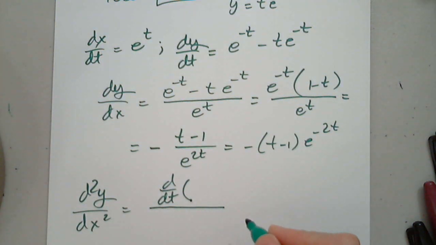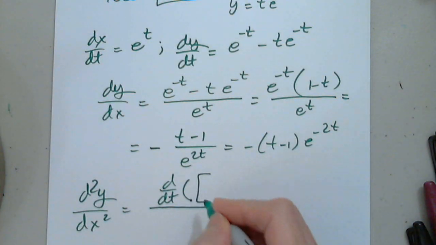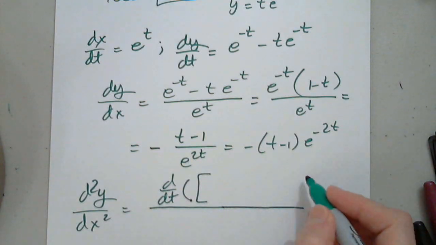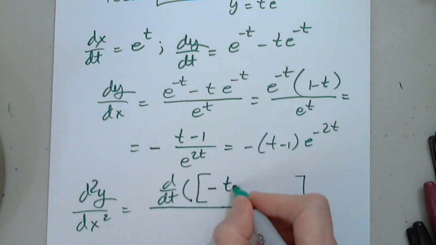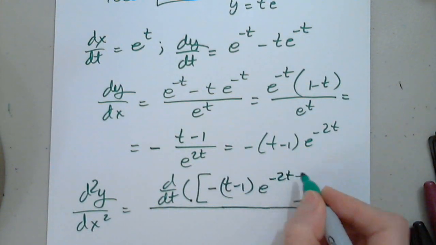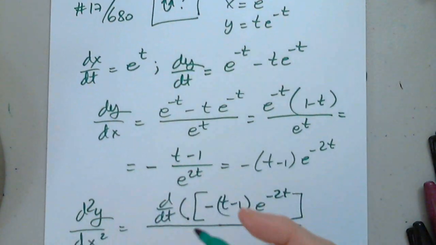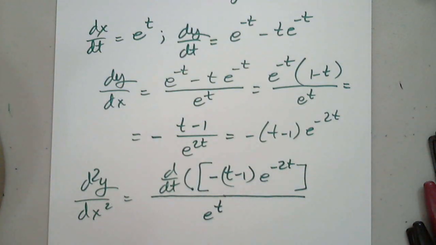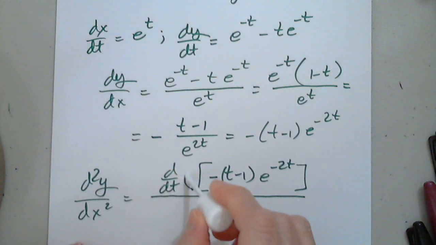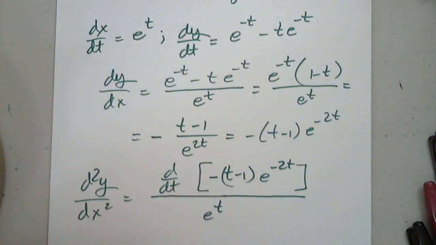So, well, I have to use nested parentheses anyway, so let me just leave it alone. So negative t minus 1 times e to the negative 2t, and divided by dx over dt, which is e to the t. Give me 1 second to get rid of the extra not needed parenthesis here. Good.